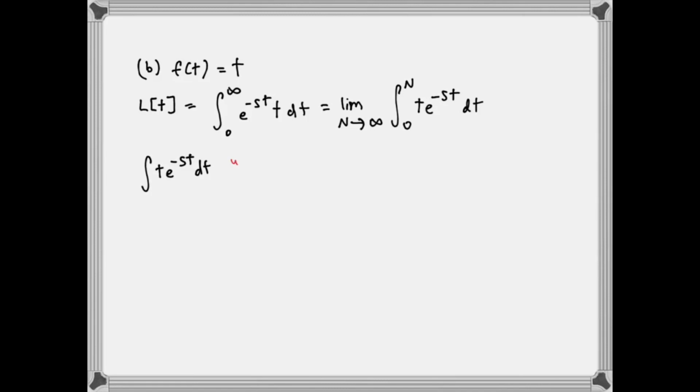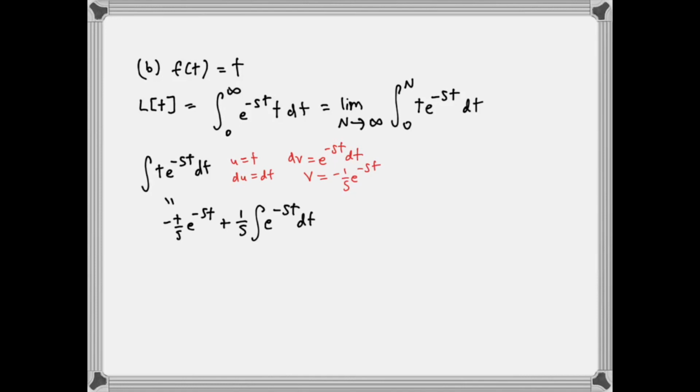So we're going to let u equal t, du is dt, dv be e to the negative st dt, and v is equal to negative 1 over s e to the negative st. So then this guy is equal to uv, so that's negative t over s e to the negative st, minus the integral, so plus 1 over s integral of e to the negative st dt.